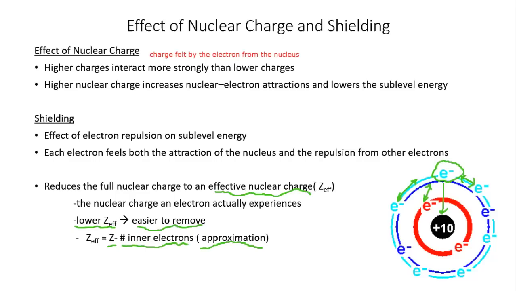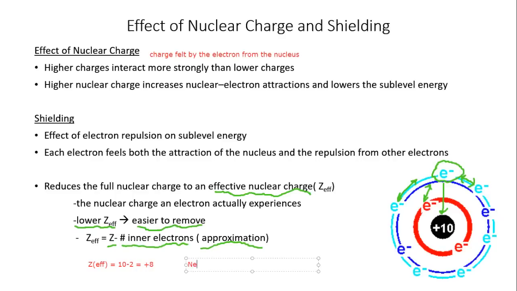So here, if we take the example of neon, we want to calculate the effective nuclear charge of the outer electrons in neon. So it's 10 minus 2 inner electrons. So this has an effective nuclear charge of +8. So it's very tightly bound to the nucleus.